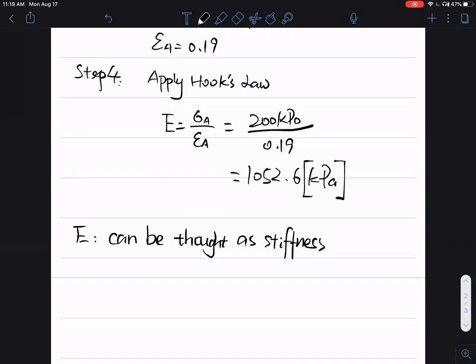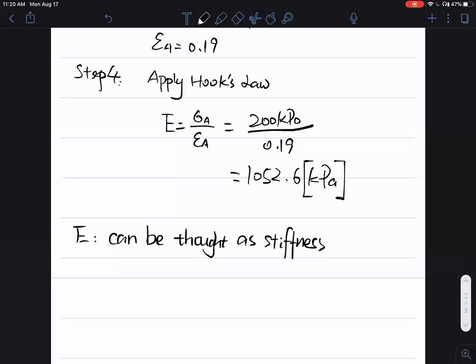You can think about it as a spring. If the spring constant is large, the spring is pretty hard. It's really hard to compress or stretch the spring. It's kind of like Young's modulus. If you have a large Young's modulus for a material, it's going to be really hard to elastically deform that material. That makes sense.